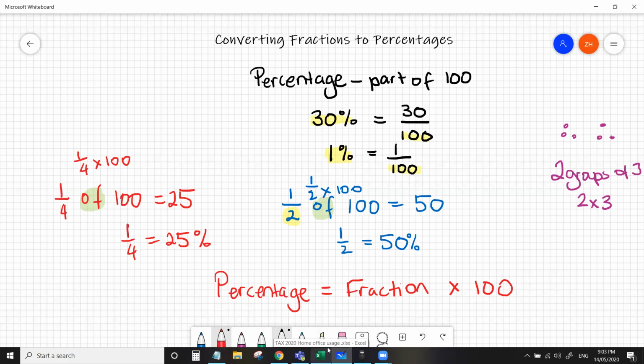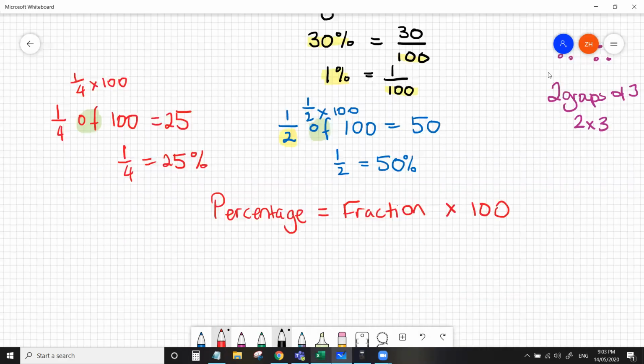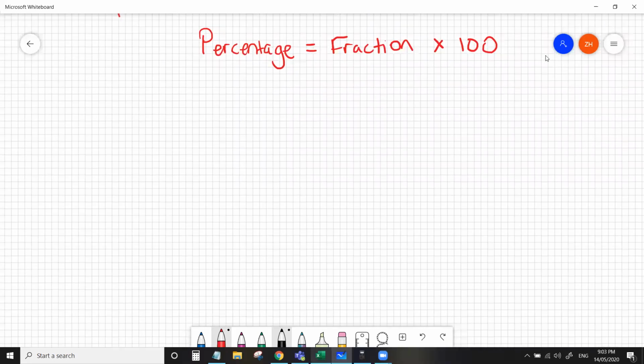So like with this first one of 1/2 times 100, we got 50. So 1/2 is equal to 50%. We're going to go through 2 different methods that we can do this. The first is probably slightly easier, and it's going to be using a calculator.